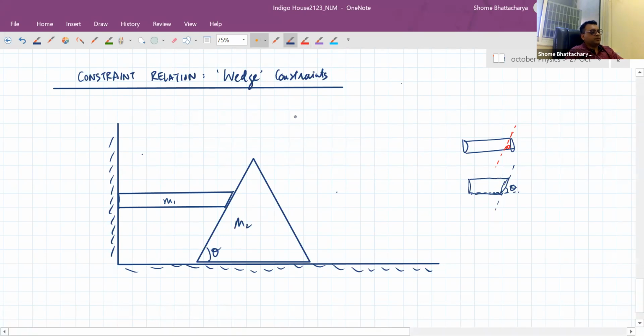Now what is happening is at some point of time, this wedge is sliding at some velocity v2. So this rod will be sliding down vertically at v1. So if theta is equal to 53 degrees and v1 is equal to, let us say, 1.2 meters per second, then we have to find what the value of v2 will be, the horizontal velocity of the wedge at that particular instant.